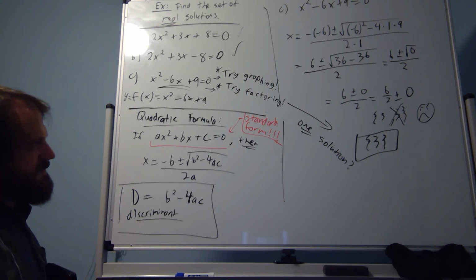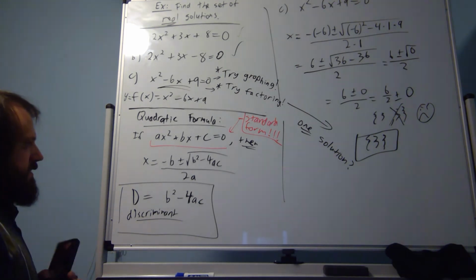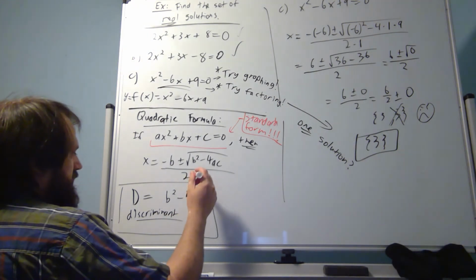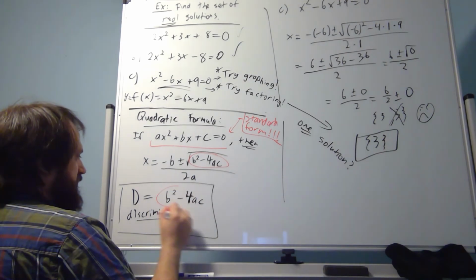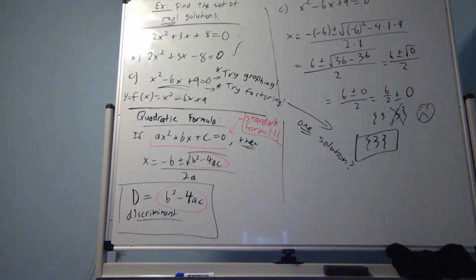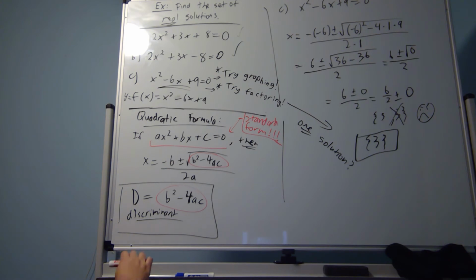And it's, well, everything you need to know about how many solutions there are, and are they real or are they imaginary? All that information is right here. So just look at the quadratic formula, and the quadratic formula tells you what's going to happen.